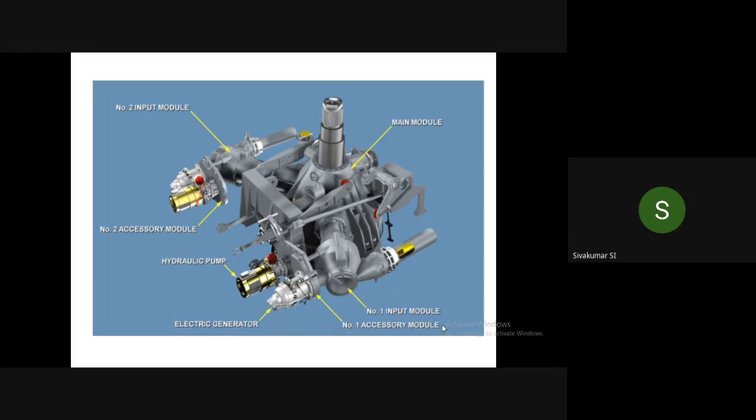Even helicopter engines are modular engines. Like one of the fighter aircraft, the Mirage, when I was working there, it has a modular engine, meaning a compressor module, an accessory gearbox module, then the core module, maybe the compressor and turbine attachment.